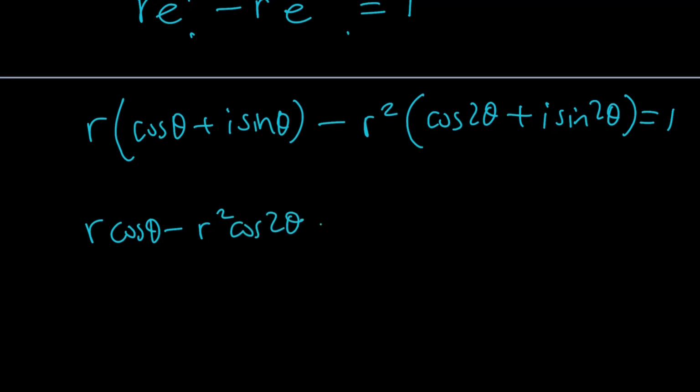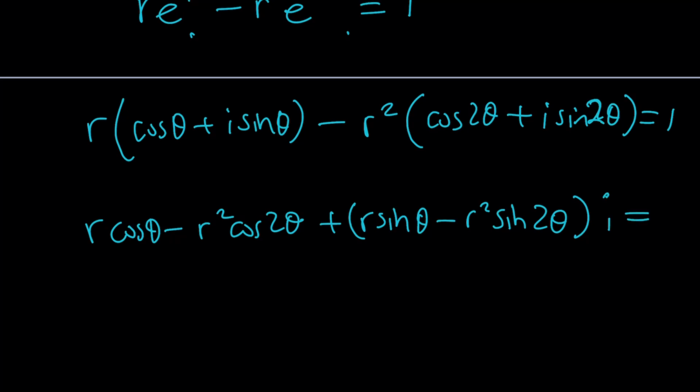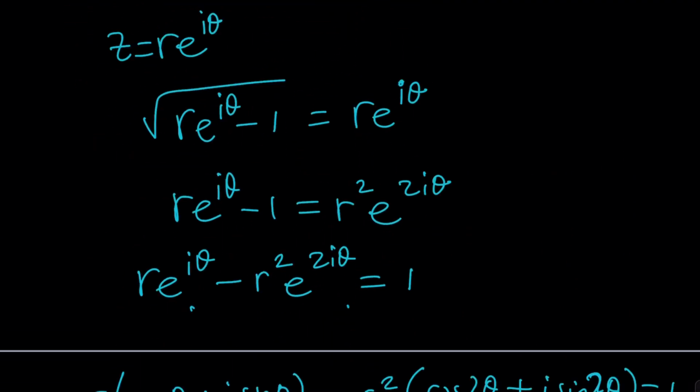And the imaginary part is just going to be r sine theta minus r squared sine 2 theta. This is a 2, by the way. And that is multiplied by i. And the whole thing is equal to 1, which means the real part is 1 and the imaginary part is 0. And by setting that equal to 0, obviously, you're going to get some theta values, some r values, and so forth. Again, this is a very long way to do it. Maybe I just messed it up. Let's go ahead and proceed with the third method.